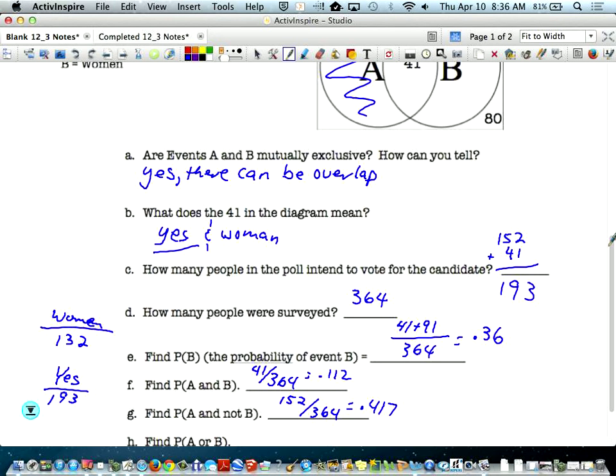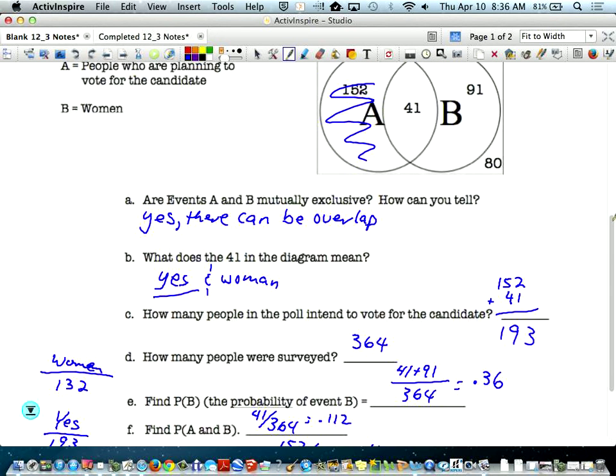So this is where I talk about, I don't add these two numbers together, right? Because if I add 132 plus 193, what am I doing? I'm adding the overlap group twice. So basically what happens with the Venn diagram is it's a lot easier to see.